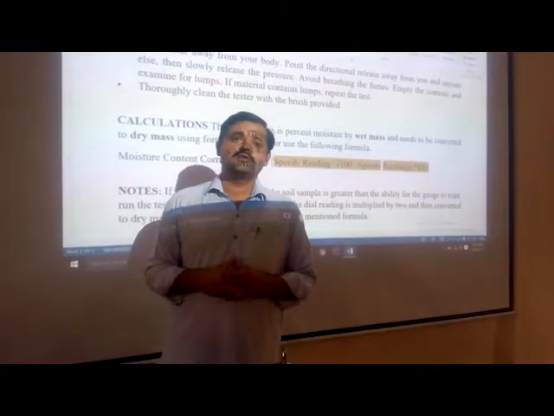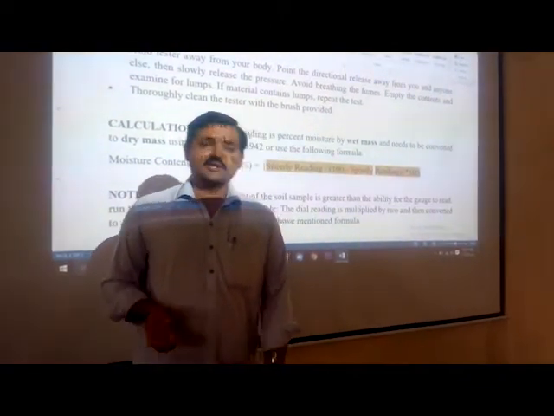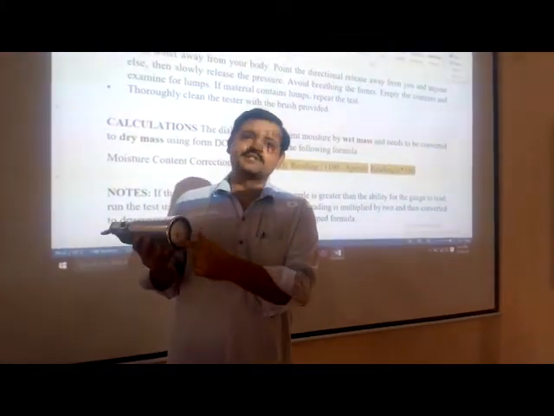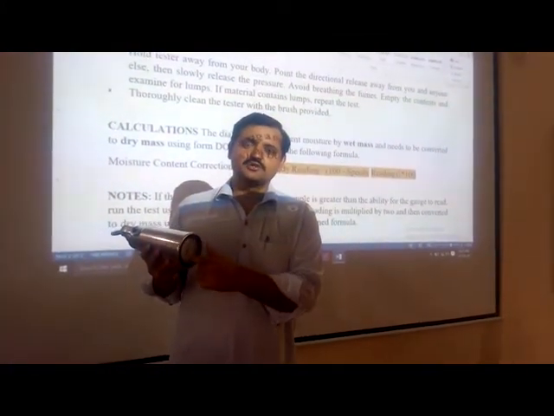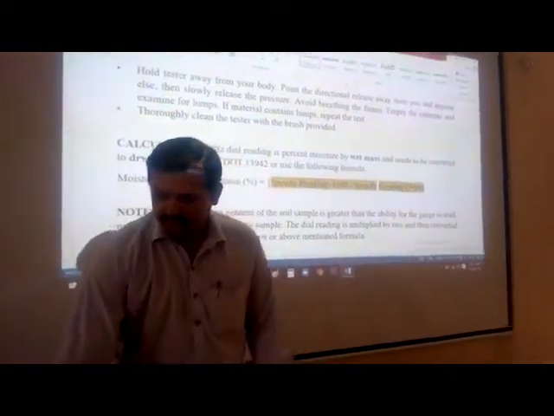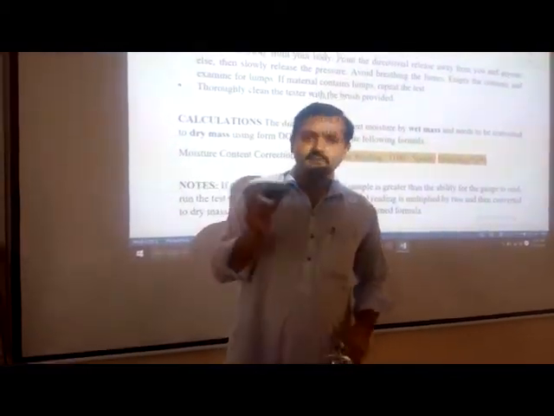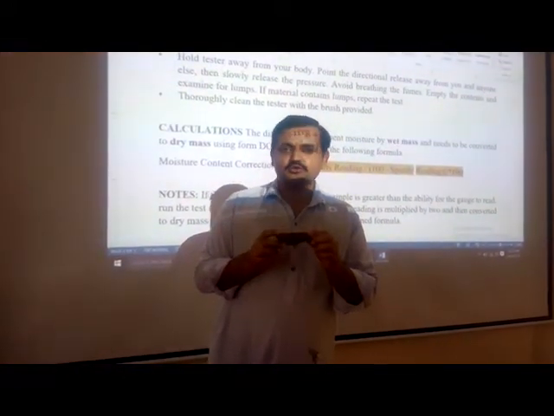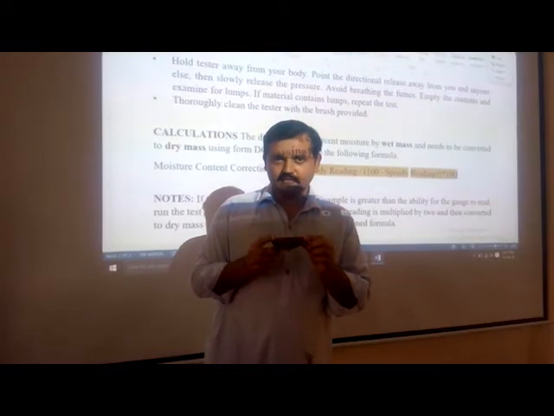to dry speedy reading. Now let's suppose there will be more pressure than the capacity of the pressure gauge to read. Then in that case, the soil sample obtained from the beam balance will be divided into two parts.